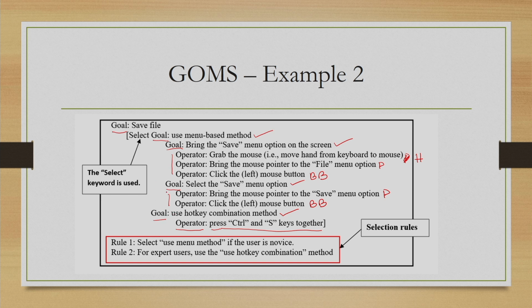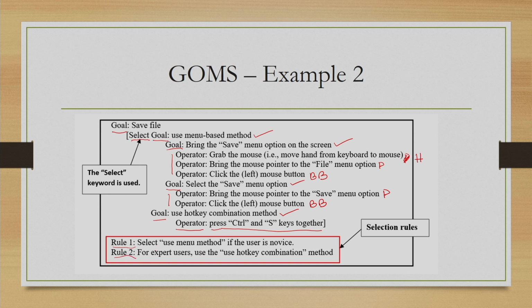Now, in order to specify which method to use in which situation, we use the keyword select, which essentially refers to the use of selection rules whenever this keyword is encountered. So, this is one syntax of representing this situation, and there are two rules, rule 1 and rule 2. This is a simple example.